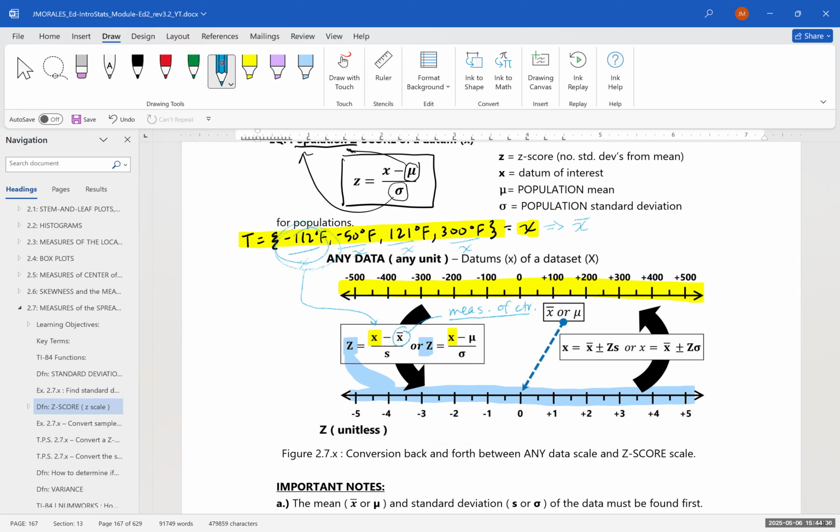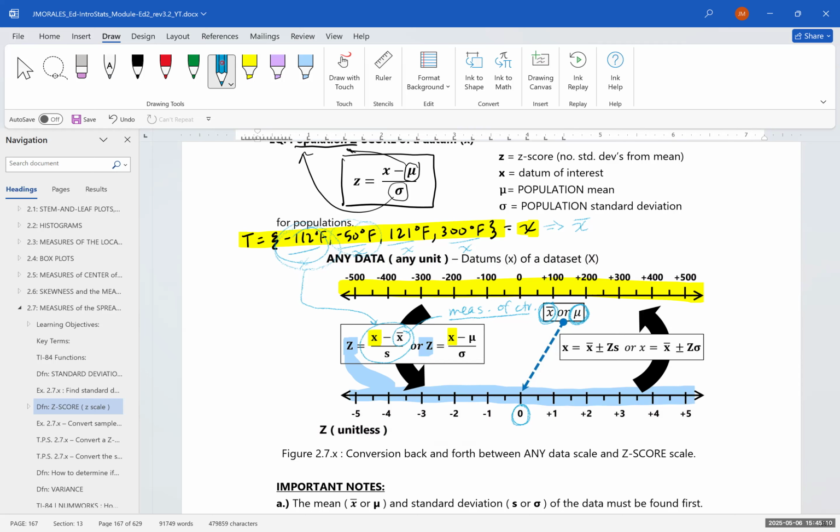And then we'll take the next one, and we're going to take the distance between that datum and the average. So what ends up happening is that whatever the sample mean or the population mean is, in our datums and the units that they're in, that'll get converted to a zero on the z-scale.